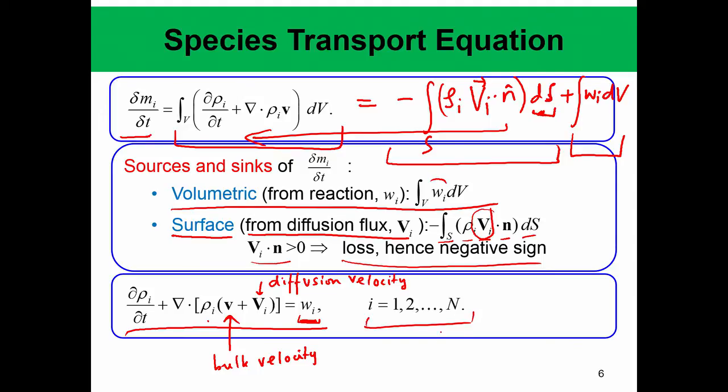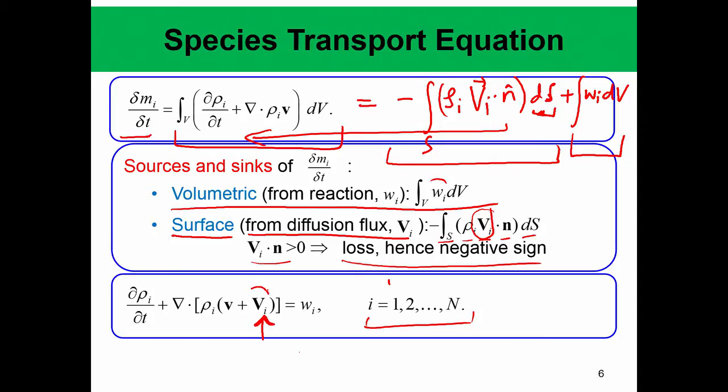So thus what we see is that essentially this is our species balance equation. It looks simplified, but actually it is not, because we have not specified anything about this species diffusion velocity, and we will need some constitutive relations for this rho Vi to be supplemented to close this equation.